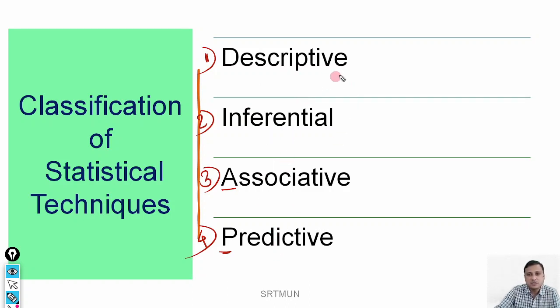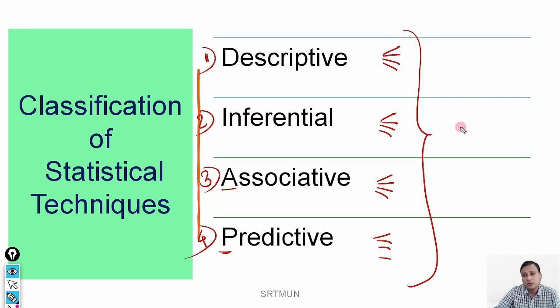In each of these classifications, there are different statistical methods involved, and we are going to use all these different methods. Using all these statistical methods, we give statistical treatment to our data, and we get some results.